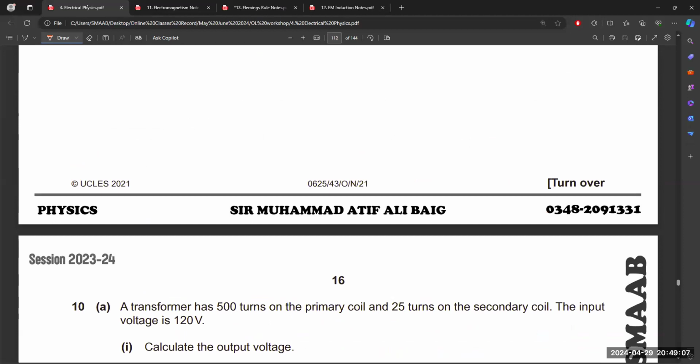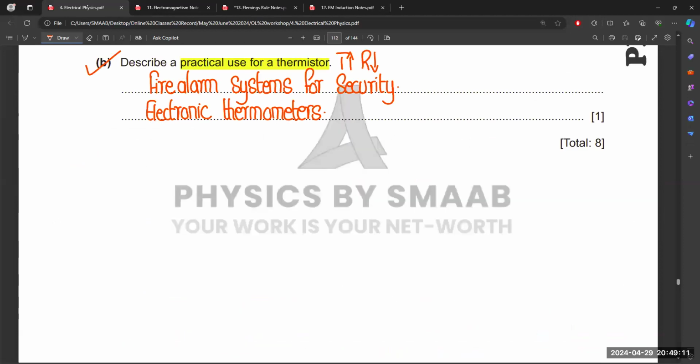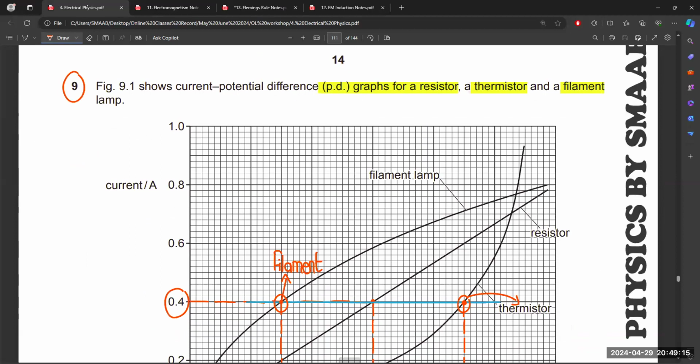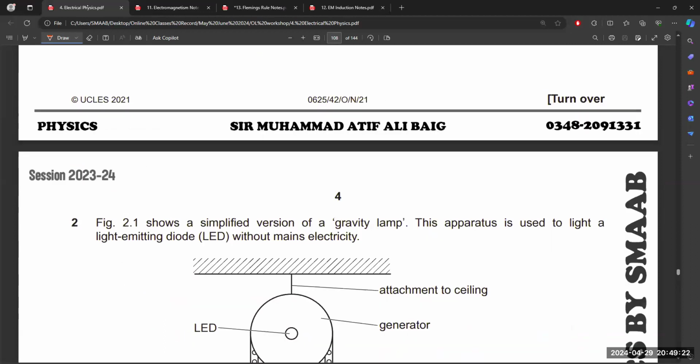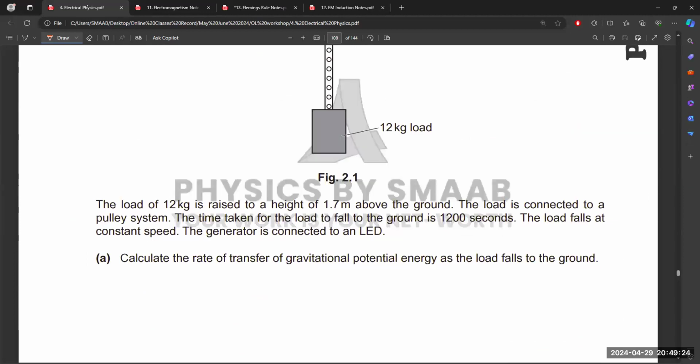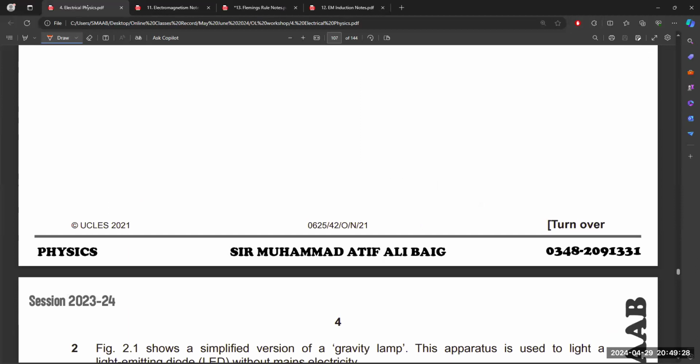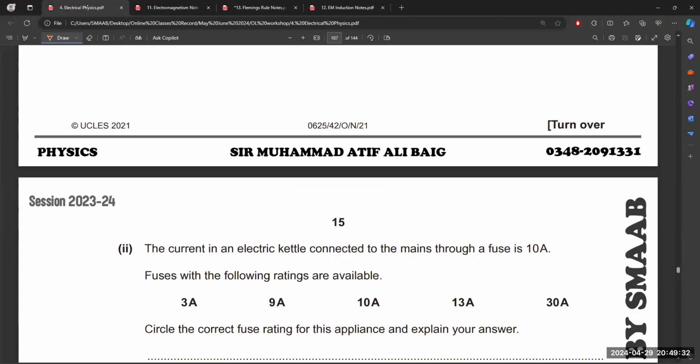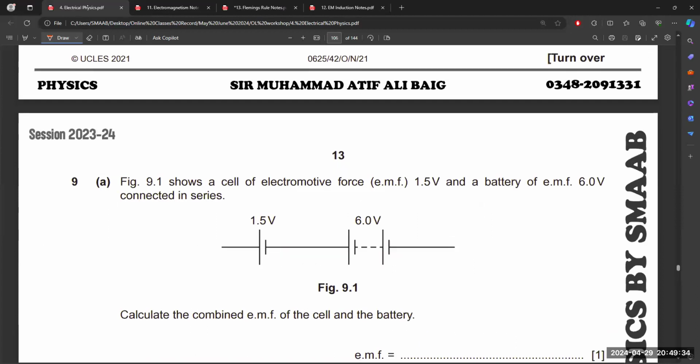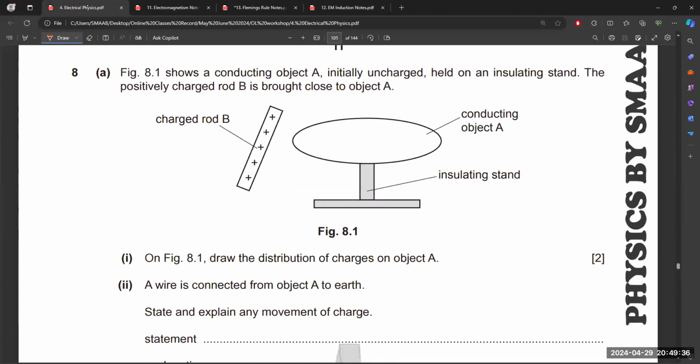Okay, this is also related to transformers, so just skip this part. Electricity, electrostatics, AC.